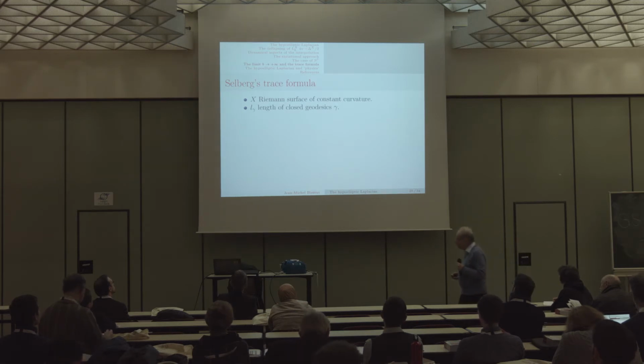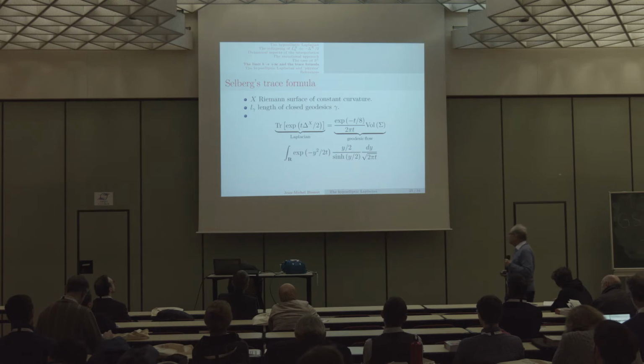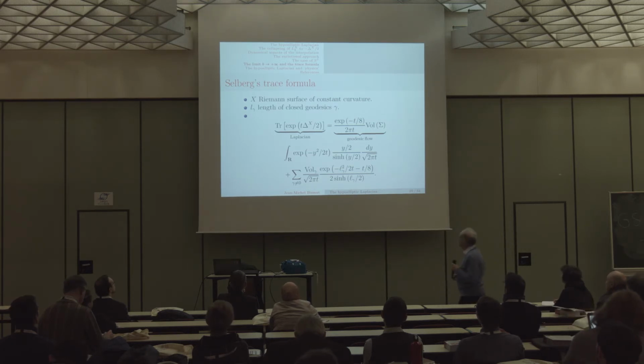So what is Selberg's trace formula? It's a sort of generalized version of the Poisson formula. It just says that the trace of the original heat kernel on the manifold X can be expressed as an infinite sum. This infinite sum is essentially a sum over closed geodesics with complicated contributions.